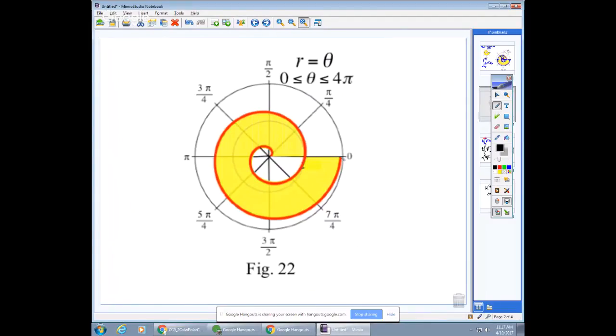Labeling some stuff here. Right here is definitely pi out from the center, because we swept out once. And so we come around, this is definitely 2 pi there, and this is definitely 3 pi there. If we were to integrate from 0 to pi, that would generate this region right here for sure.